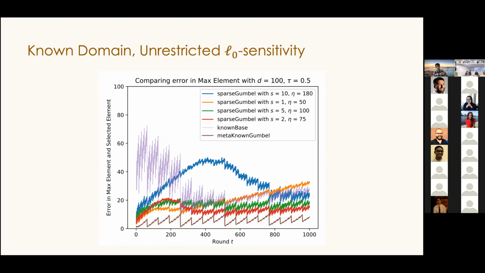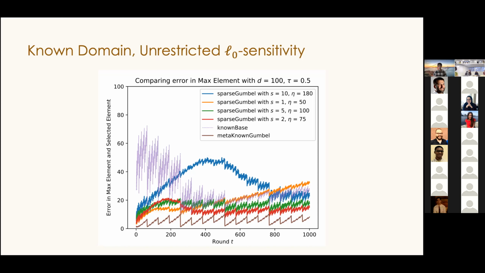The brown curve, I think it's brown at the bottom, is essentially running this meta algorithm where you're just going to do exponential mechanism in every cell of this binary tree, and you're just going to aggregate to get the top one result. But as I said, that's not very practical.